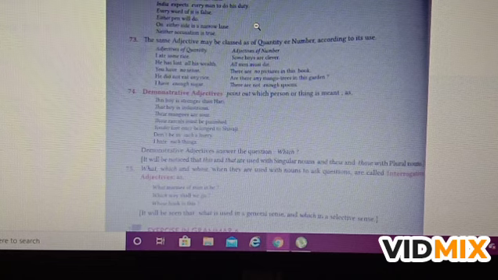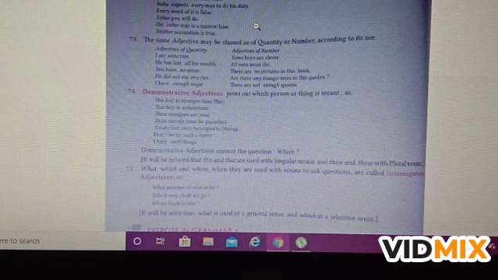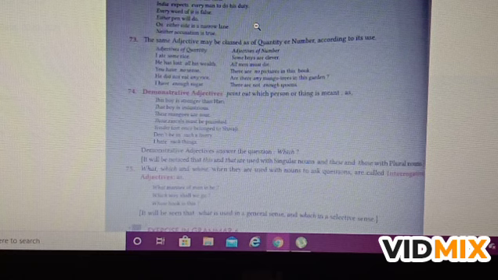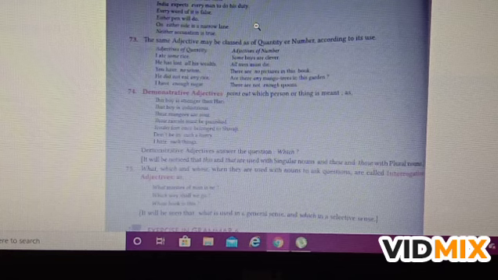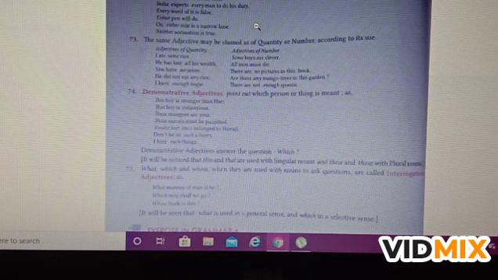Point number 75 says the words what, which, and whose, when they are used with nouns to ask questions, are called interrogative adjectives. So when words like what, which, and whose are used before the noun and there is a question mark at the end of the sentence, it is said to be interrogative adjective.